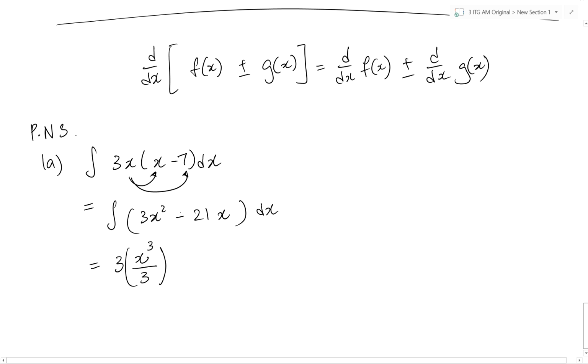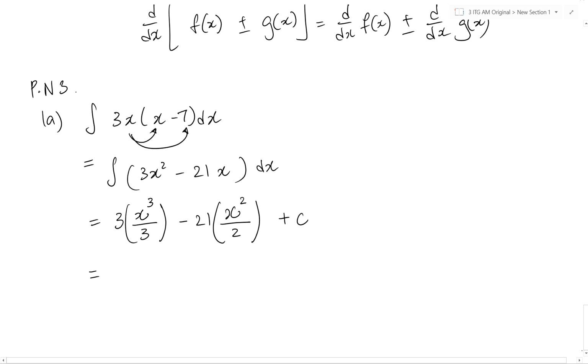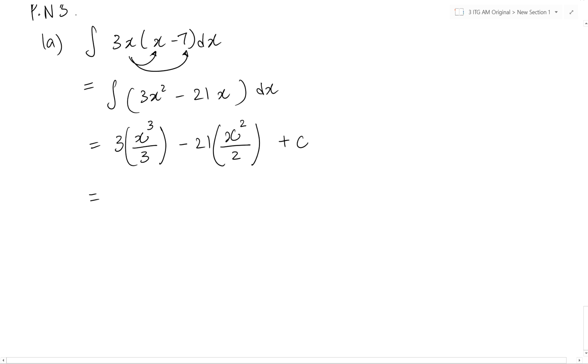Copy down the minus sign, copy down the 21, x currently power 1, increase the power by 1, we get 2, and divide this by 2. So add your brackets when necessary, and we add a constant c. We do not know the value of this constant c. So cancelling them off results in x^3 - (21/2)x^2 + c.